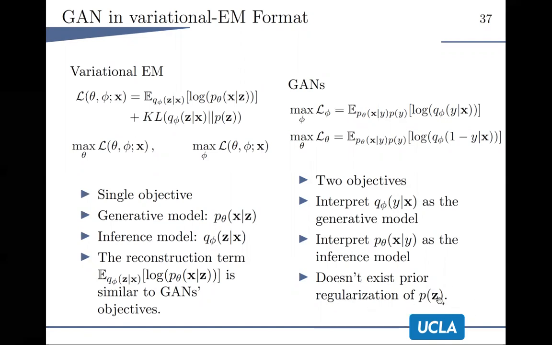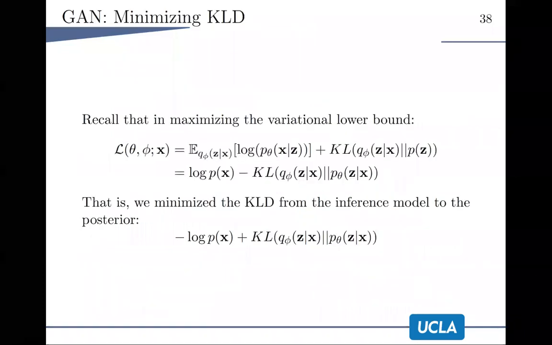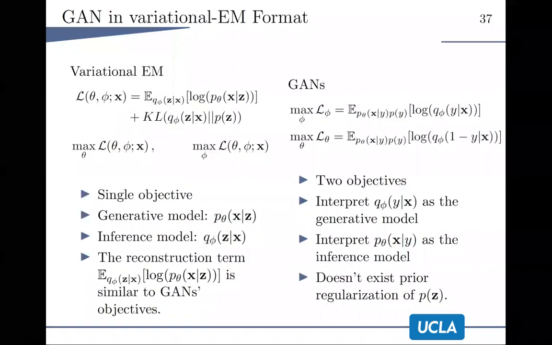This is a big difference between the GANs and the variational EM, because in the variational EM we assume a prior regularization on the distribution of Z, but here there's no such thing.